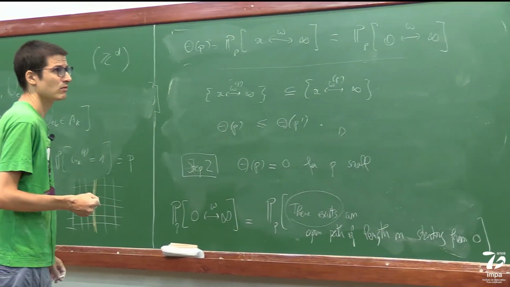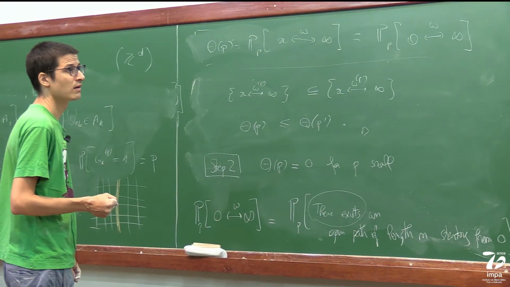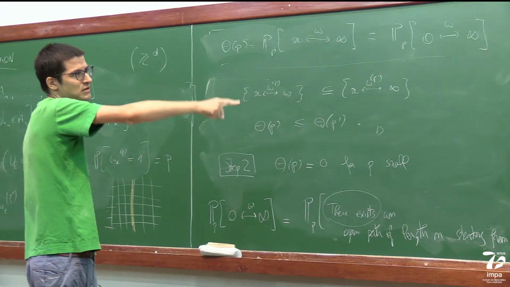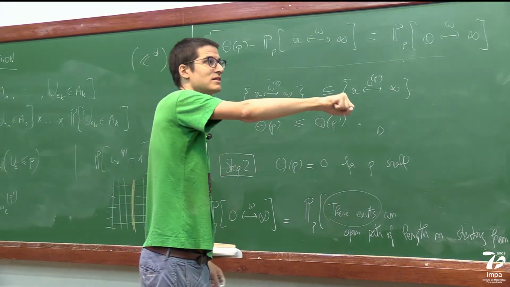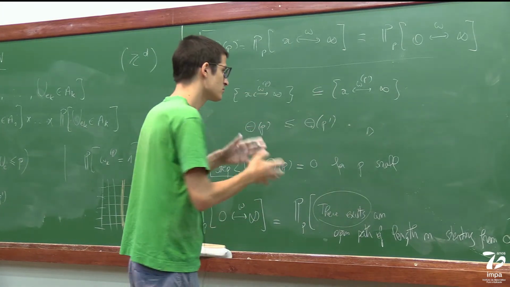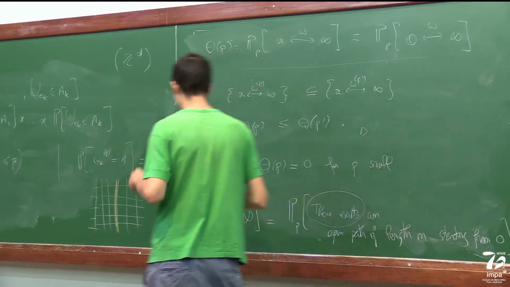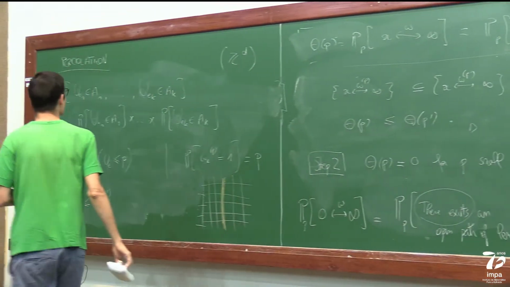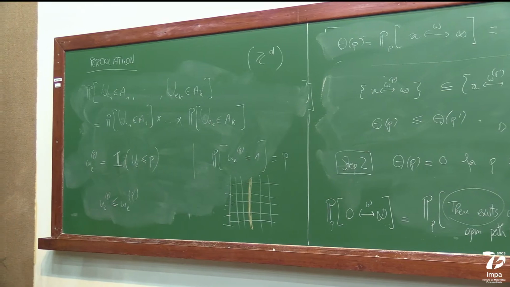Also, in the first lemma, when I say that being connected to infinity is equivalent to being connected to infinitely many vertices, this also uses the fact that our graph is locally finite.